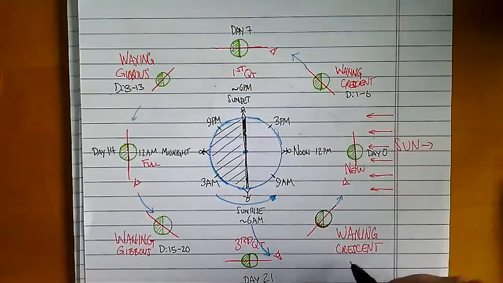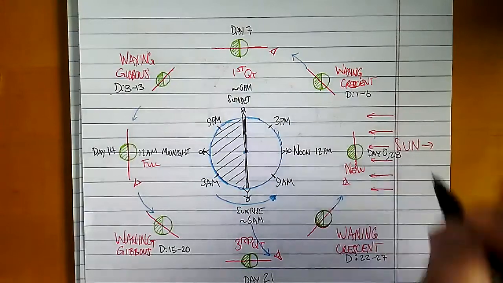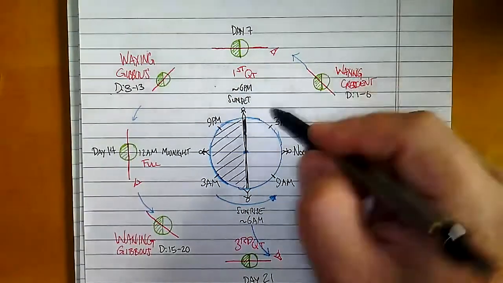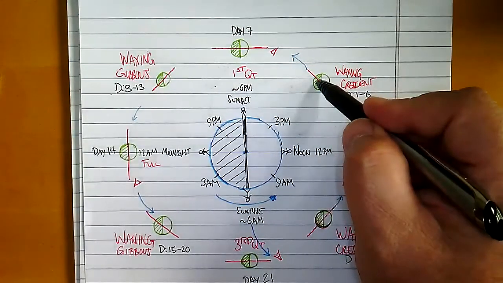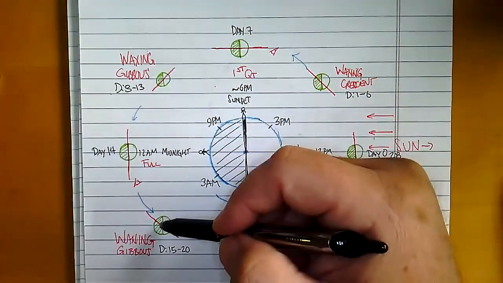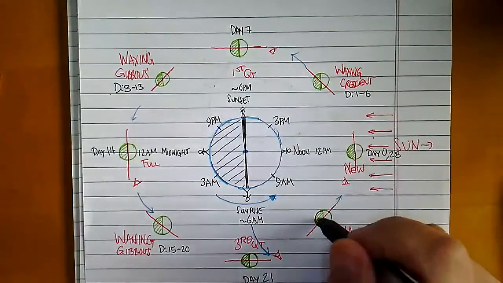And this one has days 22 through 27. And this one also has the 28th day. So again, when I use this model, I'm going to pretend it's dead center. So really, I'd call this day 3. I'd call this day 10. I'd call this day, let's say, 17. And I'd call this, say, day 24.